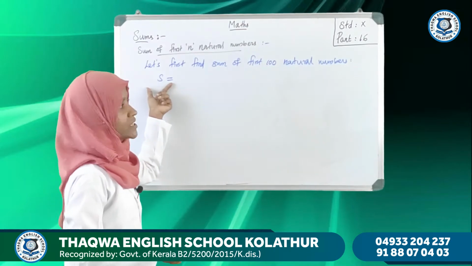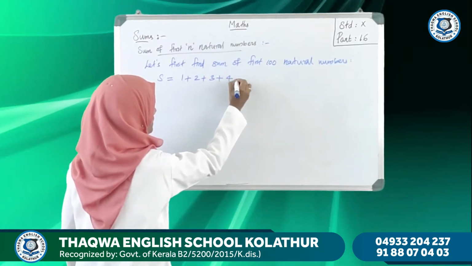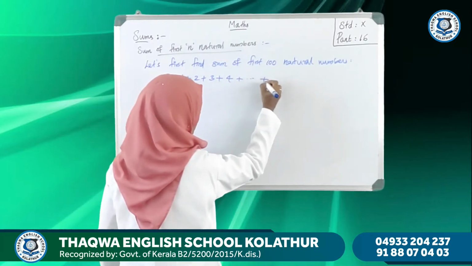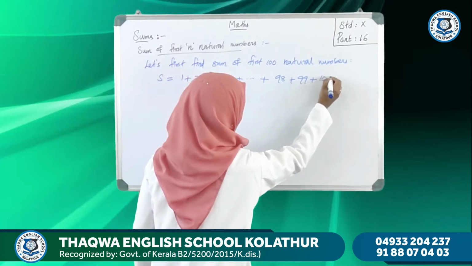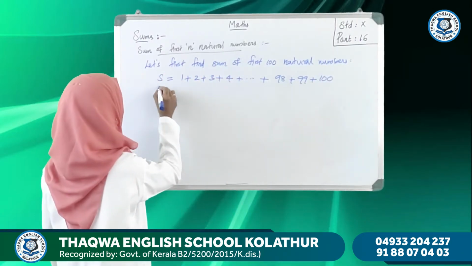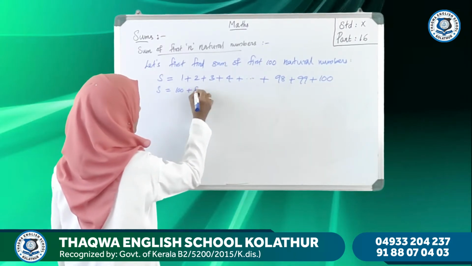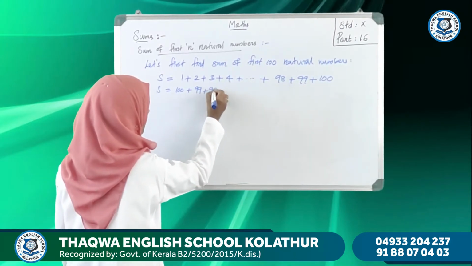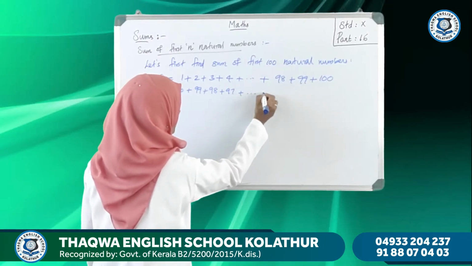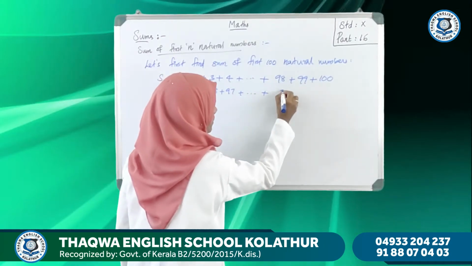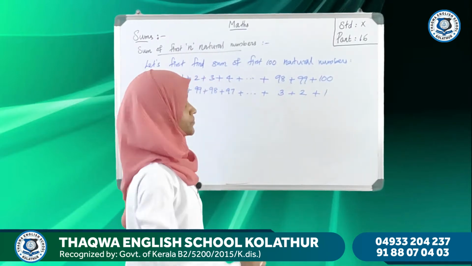Let us take S as 1 plus 2 plus 3 plus 4 and so on up to 100, and also S is 100, then 99 plus 98 plus 97 and so on, plus 3 plus 2 plus 1.